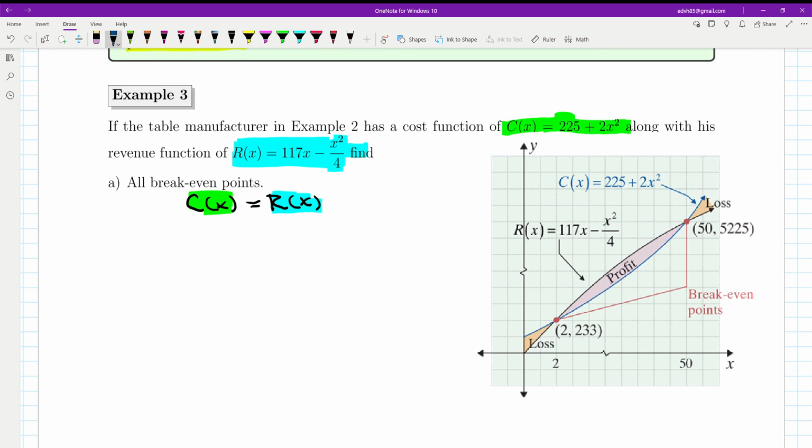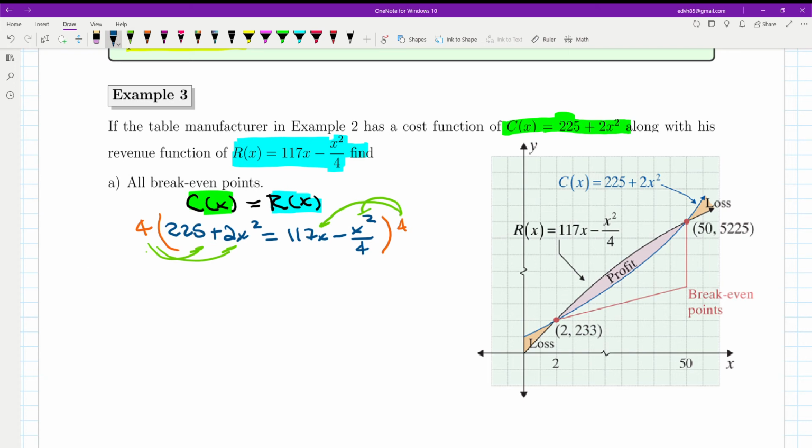So the cost, which is 225 plus 2x squared, equals 117x minus x squared over 4. And to solve this equation for x and to make our life easier here, let's get rid of the denominators of the fractions. Here is where we distribute 4.